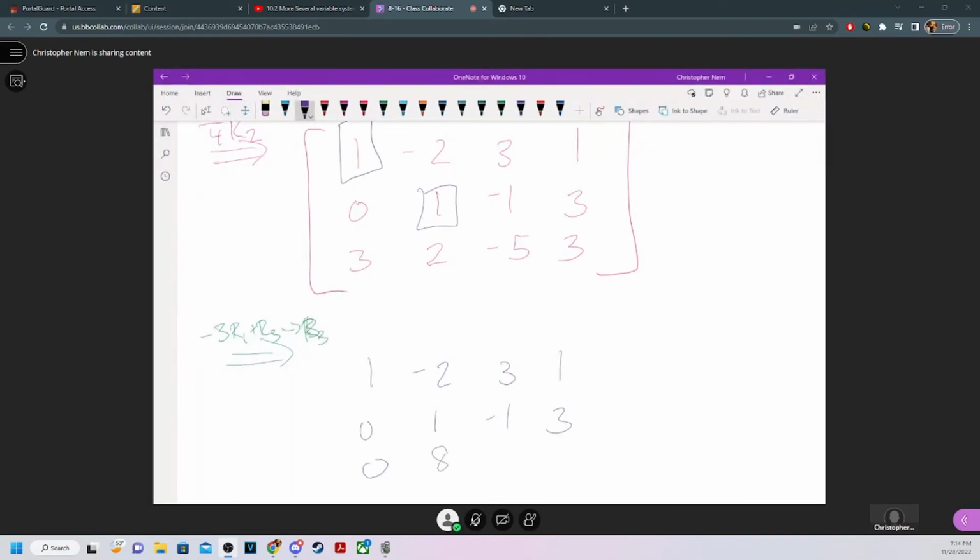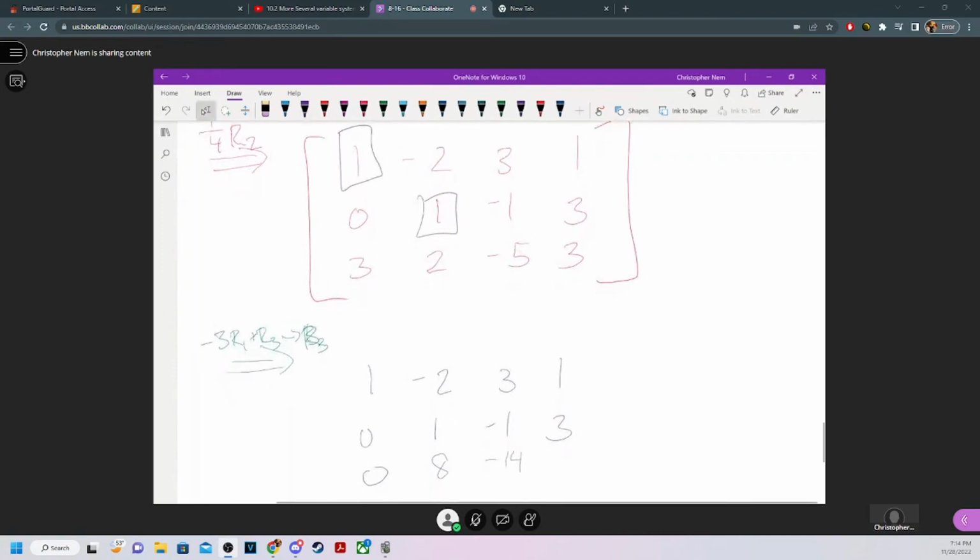And the next one, negative 3 times 3, that is negative 9. Then negative 9 plus negative 5 is negative 14. And negative 1 times negative 3, so negative 3 plus 3, that's 0.